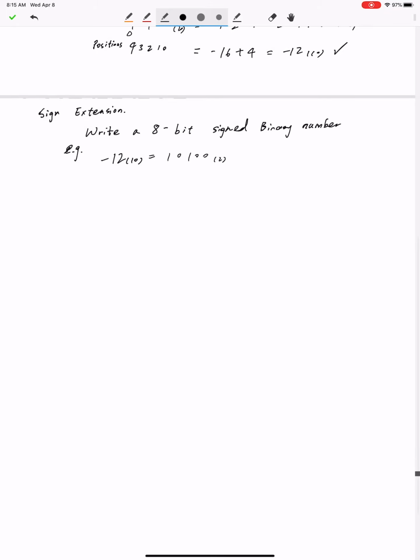But as you can see, the length of this binary number is 1, 2, 3, 4, 5. It is 5-bit, right?